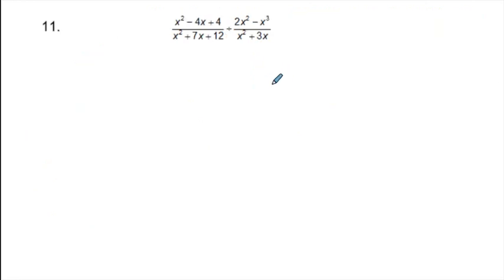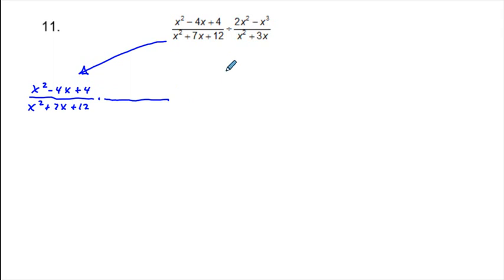Next, number 11. Okay, I'm going to go ahead as in number 10 and rewrite this division problem as a multiplication problem. So we'll write this as x squared minus 4x plus 4 over x squared plus 7x plus 12, times the reciprocal of this fraction here.